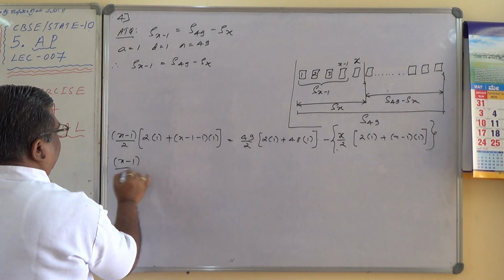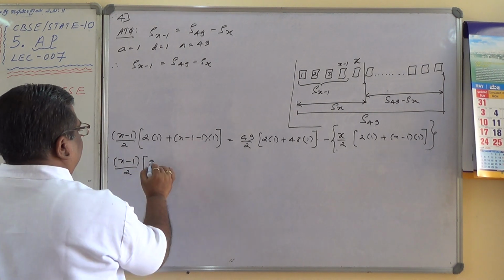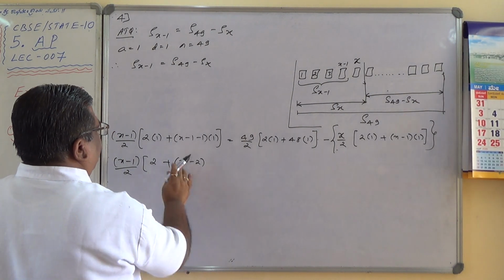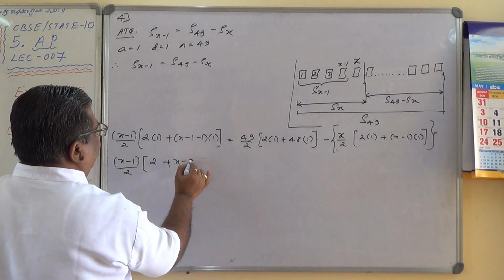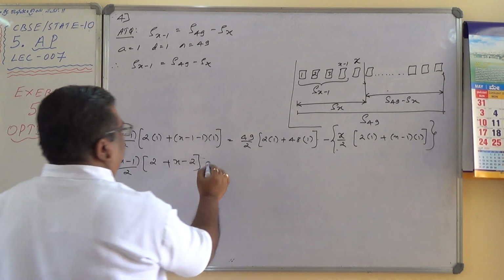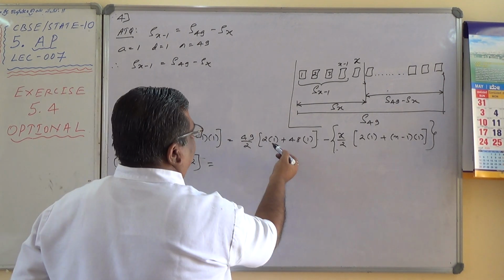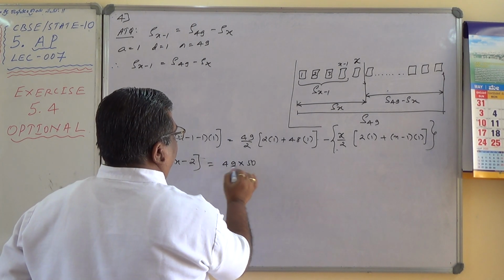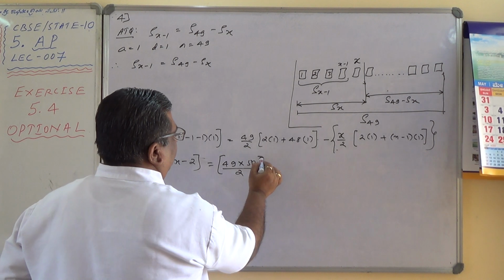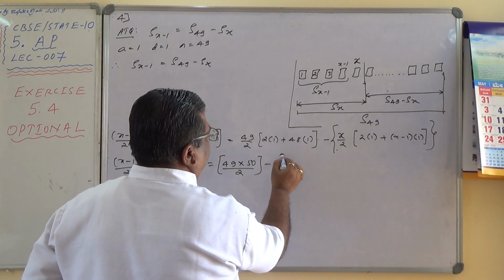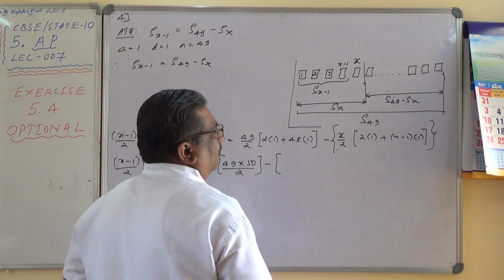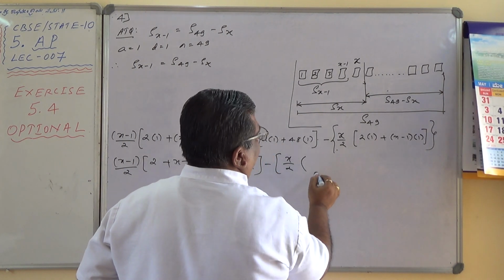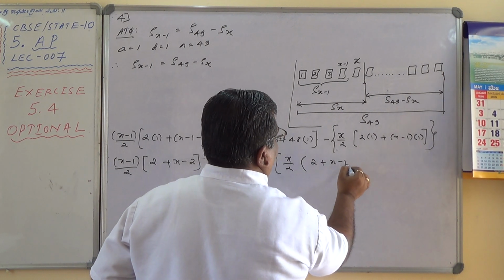X minus 1 by 2 into bracket, this is nothing but x minus 2, equals 48 plus 2, 50. 49 into 50 by 2 minus x by 2 into bracket 2 plus x minus 1.